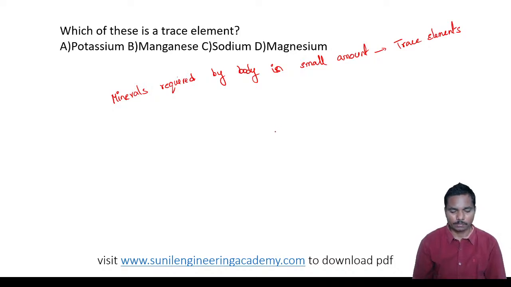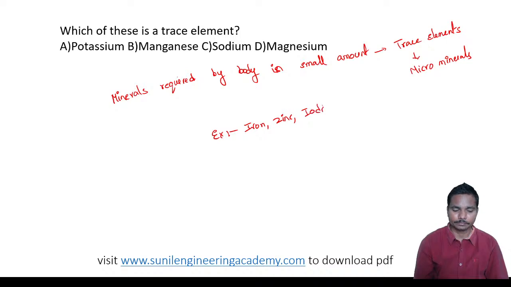These are micro minerals. For example, we require iron, zinc, iodine, copper, manganese, fluorine, chromium. All these we can consider as trace elements. So here they have given manganese, so we can go with manganese.